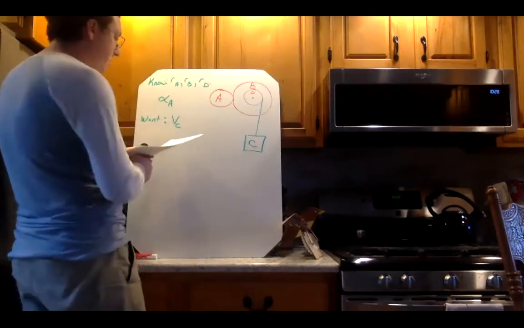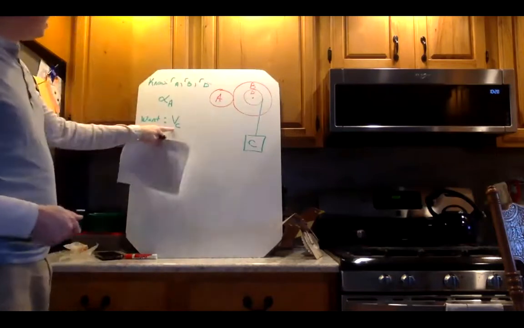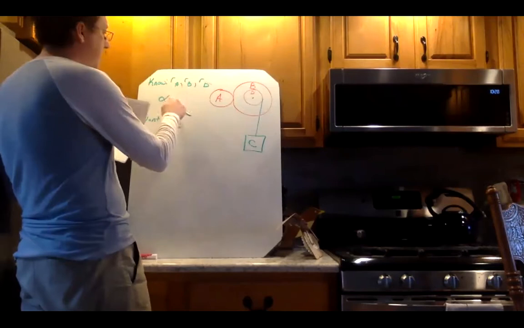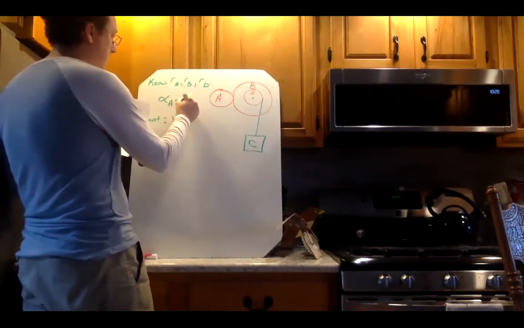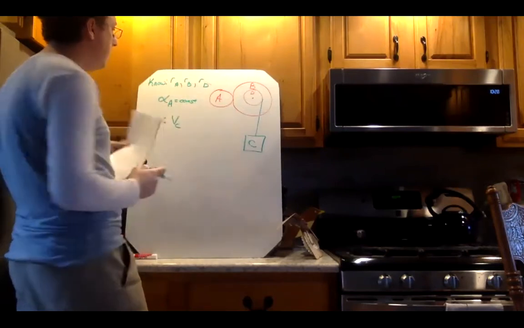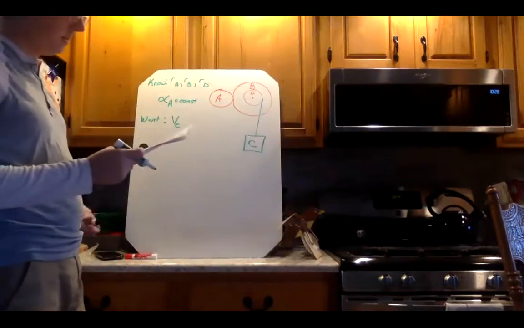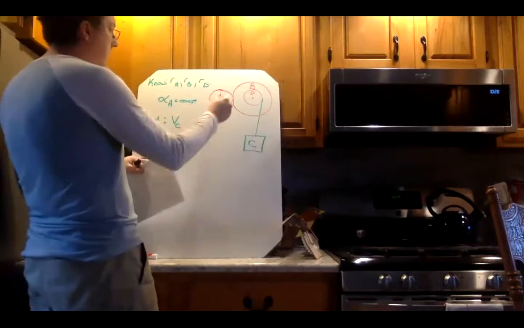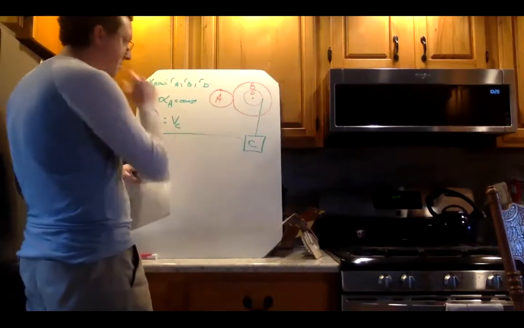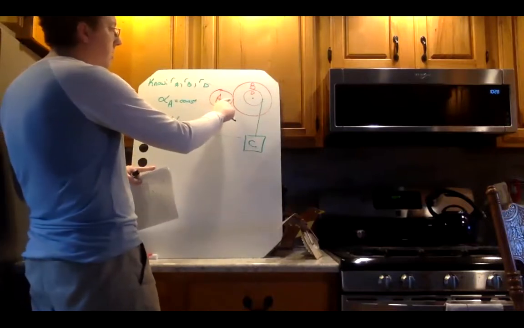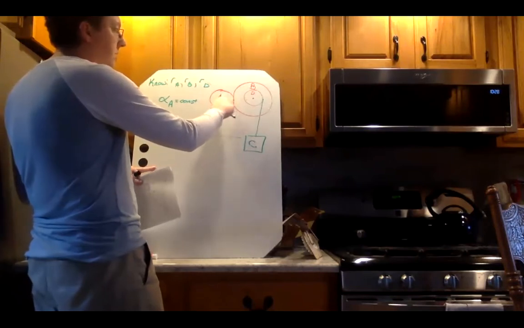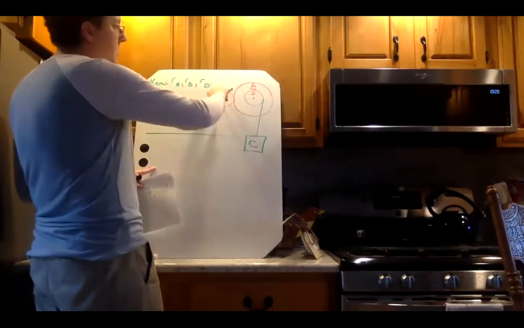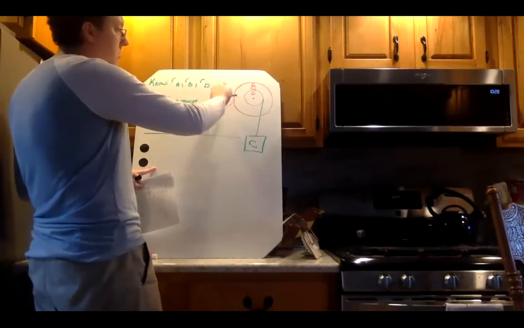Okay, so these are the things that are given, and I want the velocity. And they tell me alpha for A is constant, all right? Now, let's go through the thought process. I know that the linear quantities for A and B are related because they turn without slipping.